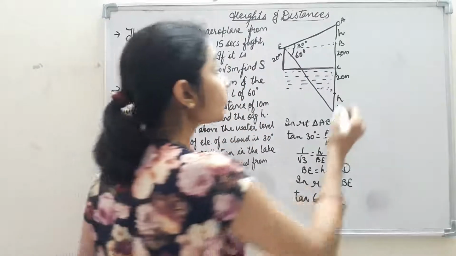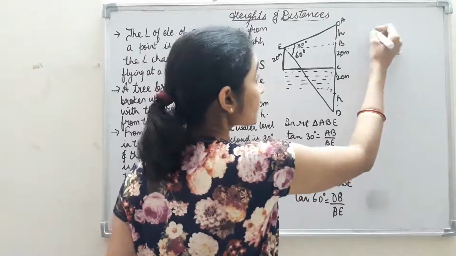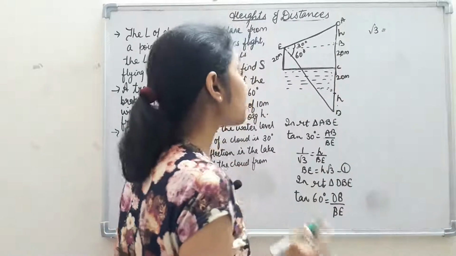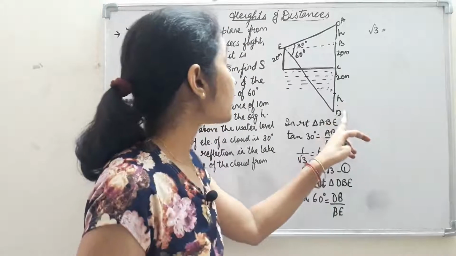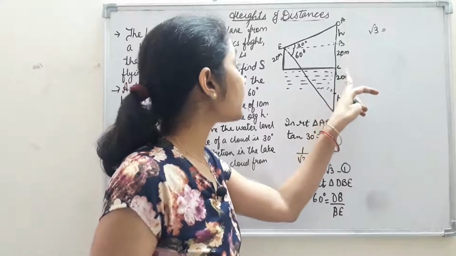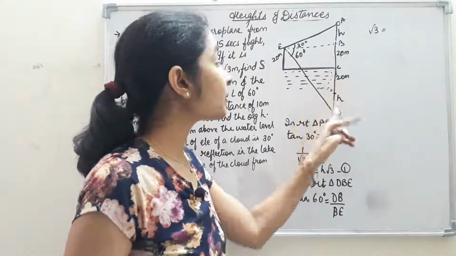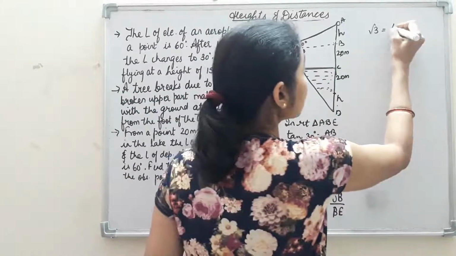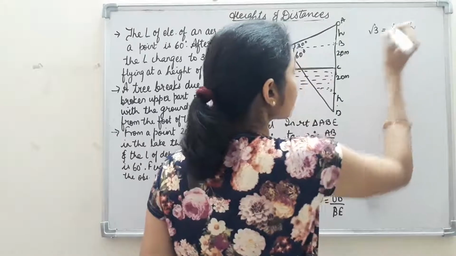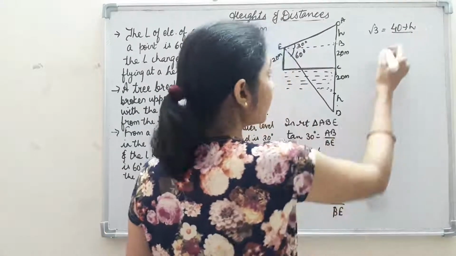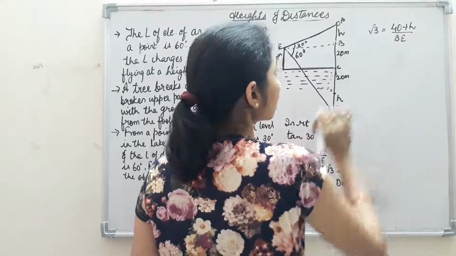What is the value of DB? It is 20 plus 20 plus h, that means 40 plus h. We don't know the value of BE.